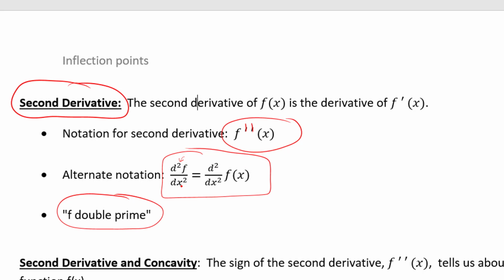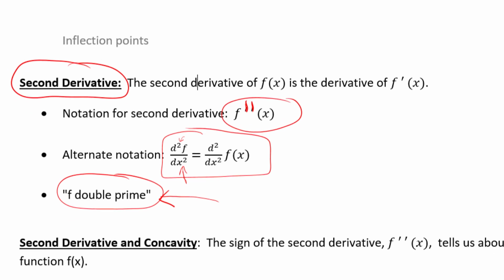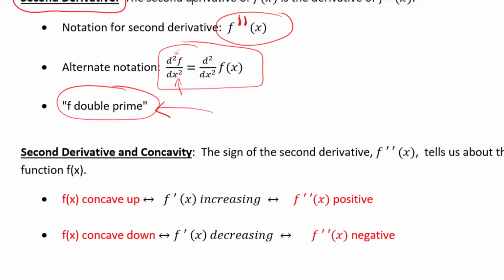So d squared f over dx squared, the change in y over change in x, twice. I will not be using this much in the business calculus class. You will be using the f double prime notation, and the way you say it out loud is f double prime.